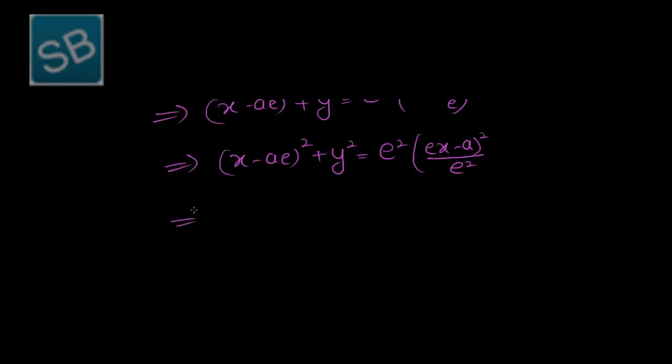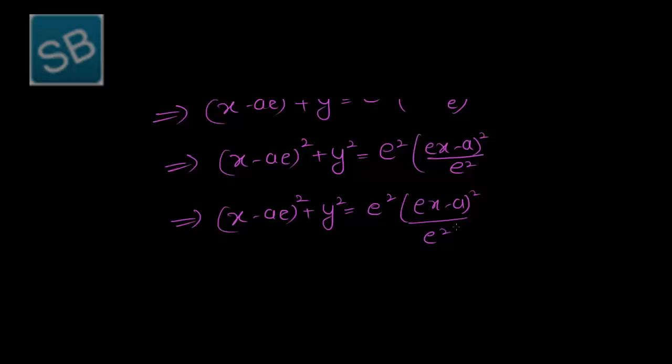So we get (x minus ae) whole square plus y square is equal to e square times (ex minus a) whole square over e square.